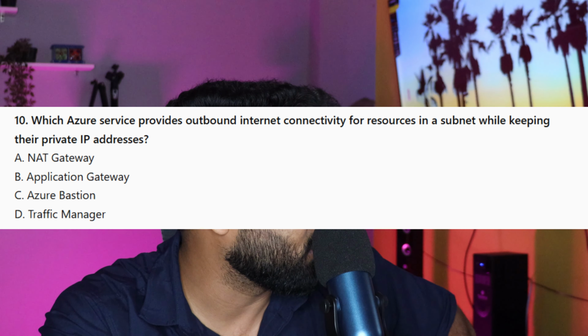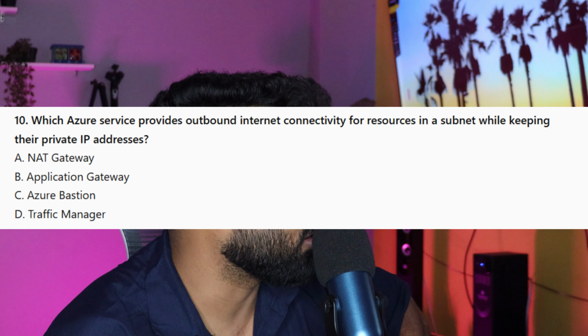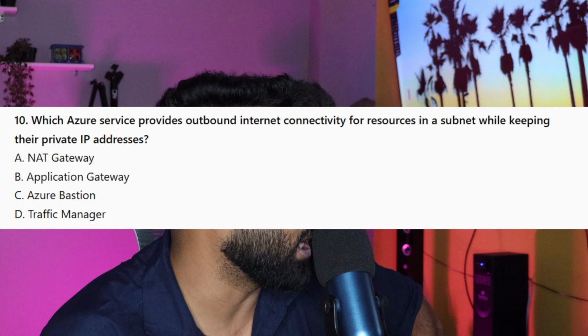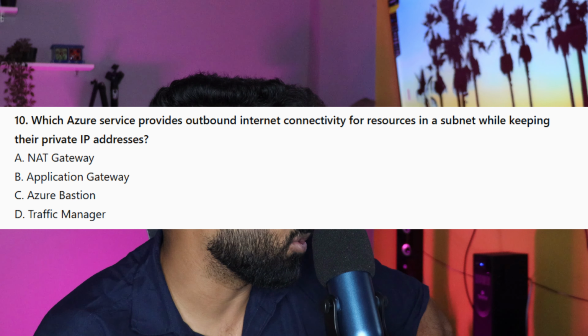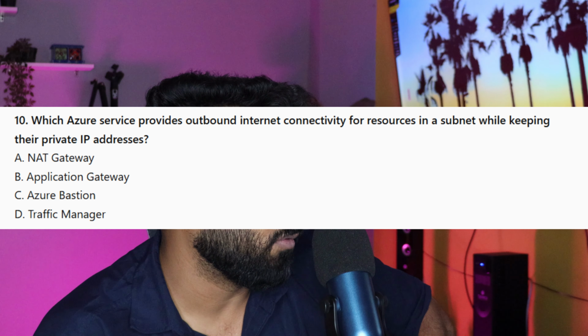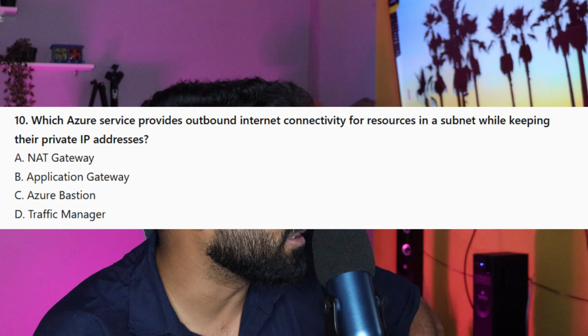The last question we have is which Azure service provides outbound internet connectivity for resources in a subnet while keeping their private IP address? The options are NAT Gateway, Application Gateway, Azure Bastion host, and Traffic Manager. We just discussed option C, option D, and option B as well.